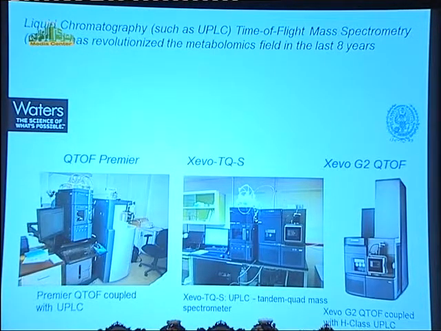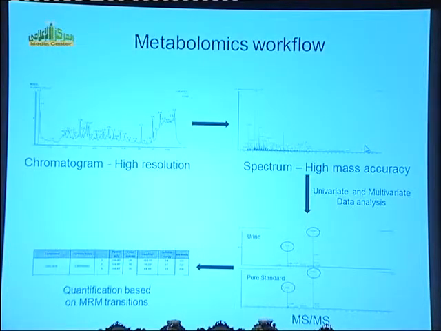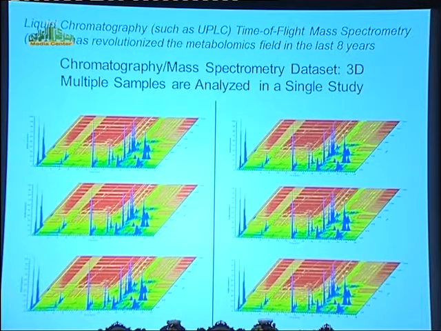So these are the types of machines we use, and we're a Waters shop, using the Waters machines primarily. And what we get here is a continuous spectrum. With time, the peaks will be coming out, and you can measure the particular mass and the intensity, or you can plot it versus mass and elution time from the chromatography, the liquid chromatography output.